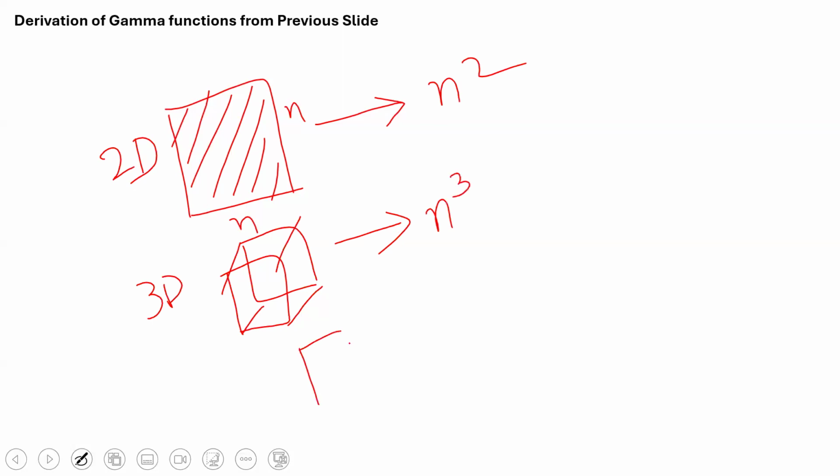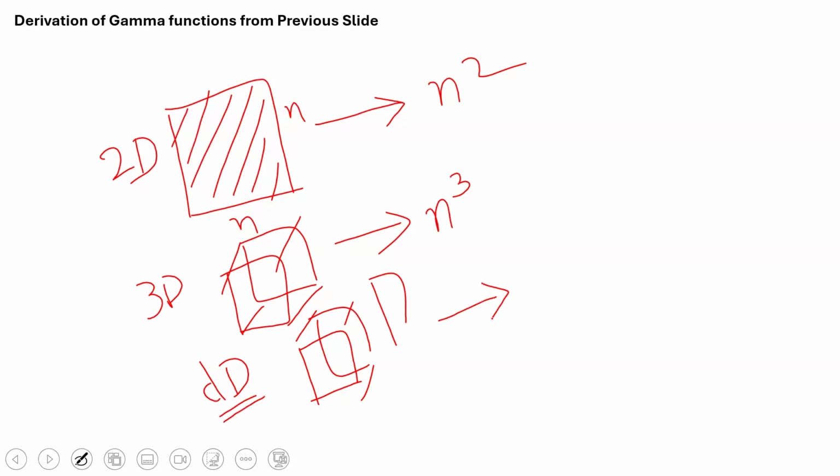Now let's take the cube in higher dimensional spaces. Let's say I have d-dimensional space. What is the volume of this? In 2D, it is n square. In 3D, it is n cube.